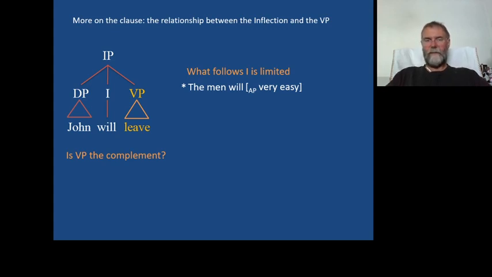Well, let's have a look at some of the properties. First of all, the VP is a phrase, and complements are phrases. Secondly, the VP follows the inflection, and you can't get a VP in front of the inflection. You can't say John leave will. It has to be John will leave. And again, complements in English follow the head.